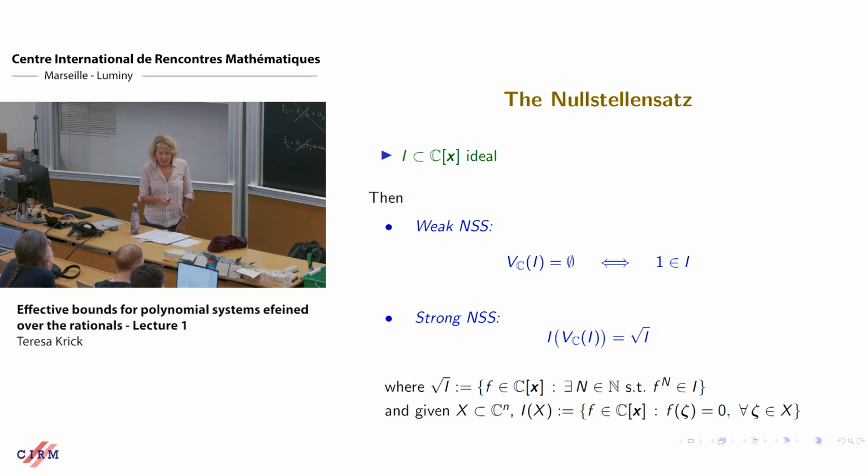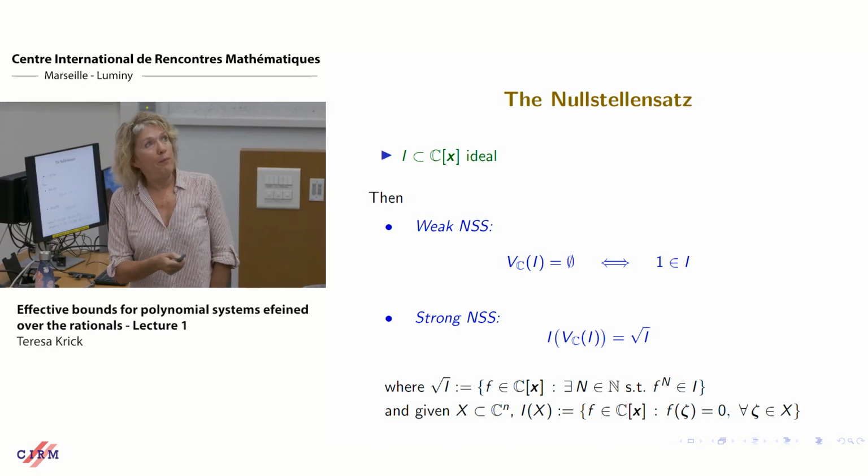And what is usually done is that one goes from the weak Nullstellensatz to the strong Nullstellensatz using the famous Rabinowitsch trick. That's a very beautiful trick that allows you to go from weak to strong. And there are many different proofs of this.